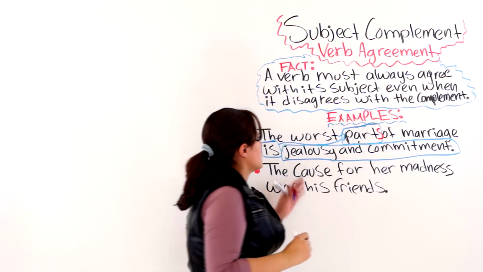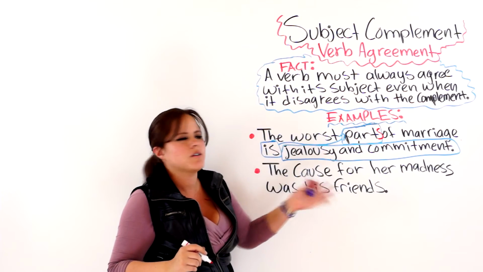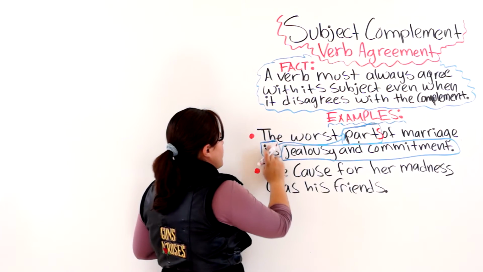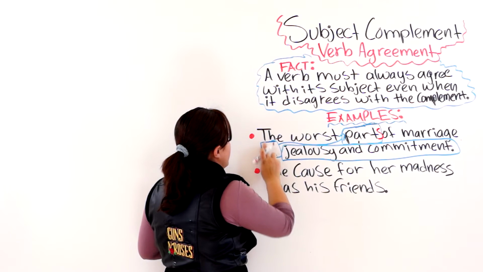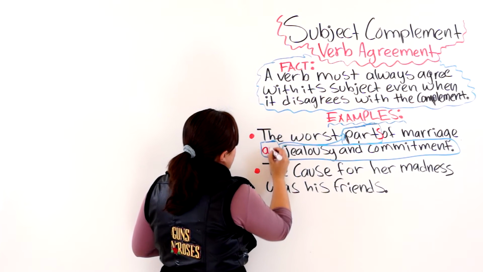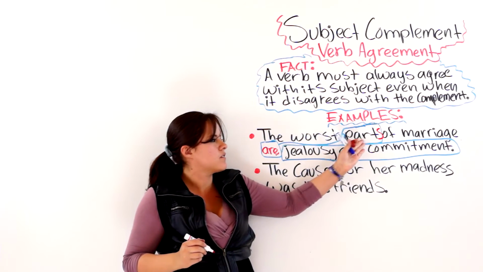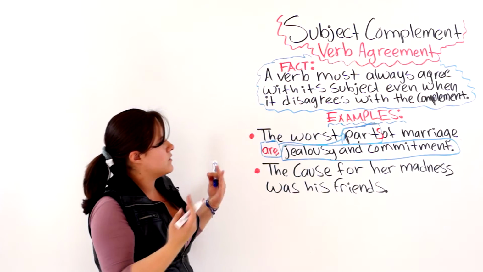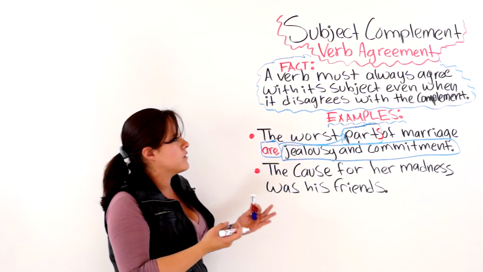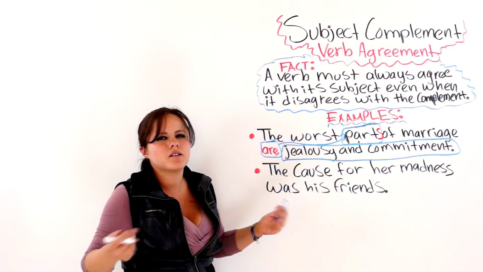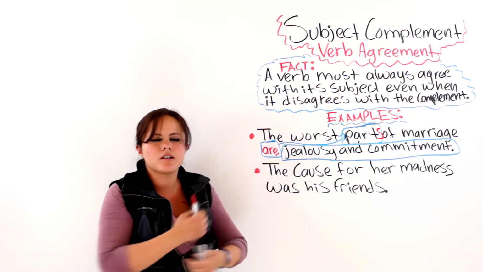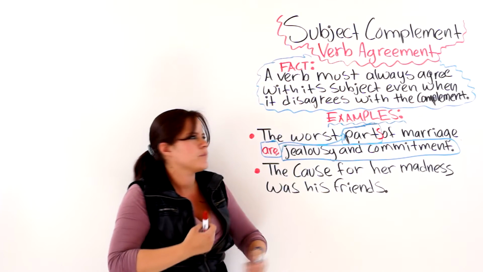The worst parts of marriage are, so then we can take this one off, and make this agree with the subject. And that way it doesn't look awkward, it doesn't look weird. Even though it was grammatically correct, we know that it looked a little bit odd.